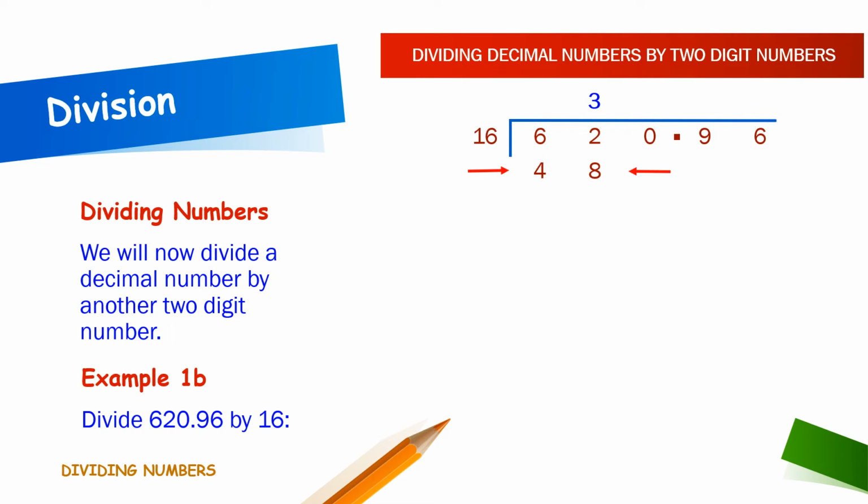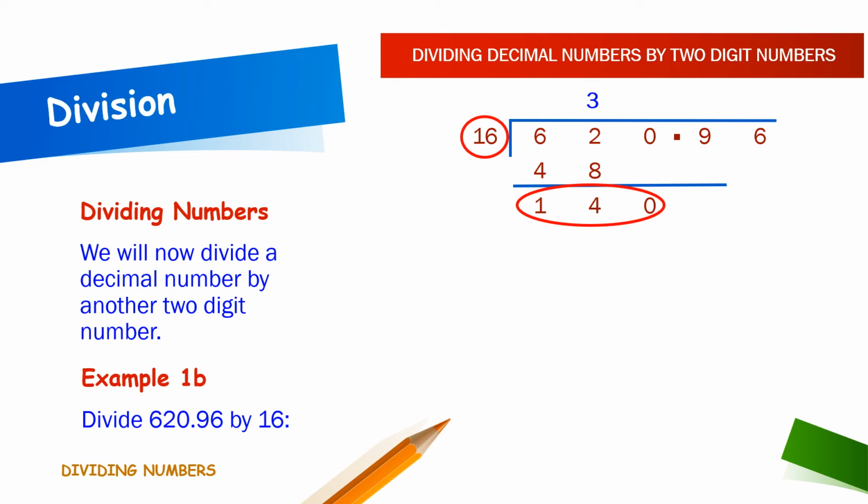3 times 16 is 48, so we put 48 here. Subtract 48 from 62 to give 14, and bring the 0 down and position it here, as shown. How many 16s are in 140?